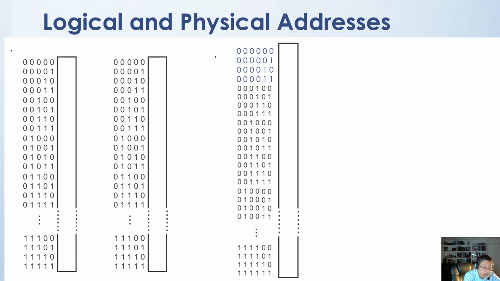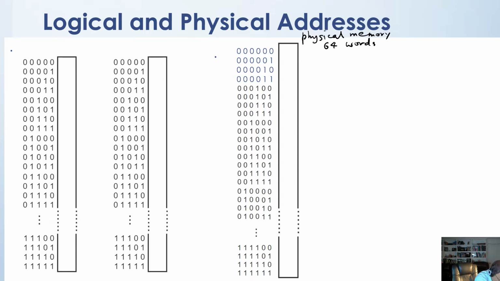Okay, so let's talk about the pages in much more detail and relate the logical and physical addresses with pages and page frames. Now in this example, we have a physical memory, and the size of physical memory is 64 words.